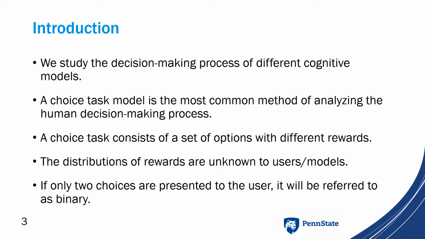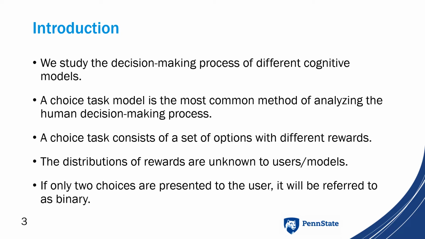So in this study, we will analyze the decision-making process of different cognitive models. A choice task model is a common method of analyzing the human decision-making process. We also saw an example of that in the previous slide. As we explained, a choice task consists of a set of options with different rewards.